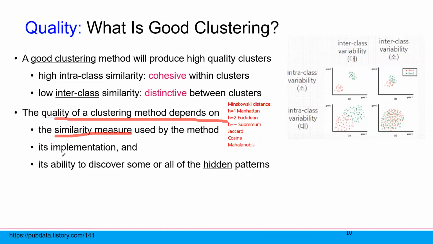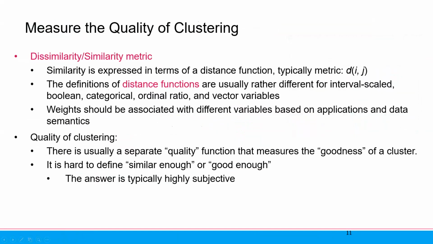And how we implement, and how we can discover some or all of the hidden variables. Okay, so as I mentioned, the similarity method will affect the result. It can be the measure of the quality of clustering.